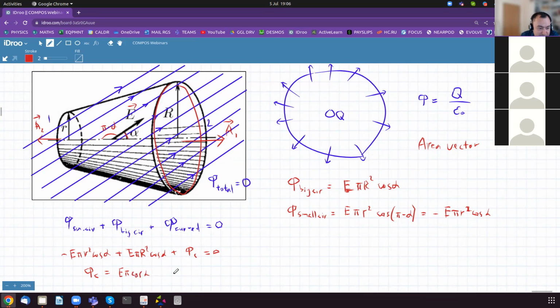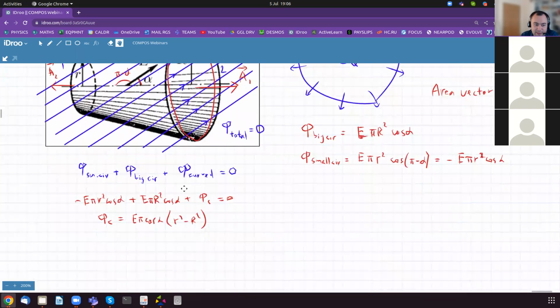This is a common factor, and it's going to be r squared minus r squared. So the flux is going to be negative. That means more flux is coming in than coming out. But it doesn't really matter because we're looking for the magnitude of the flux.